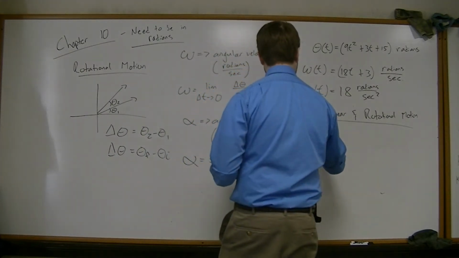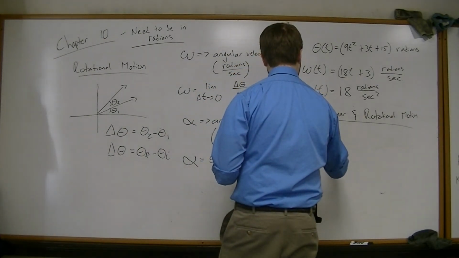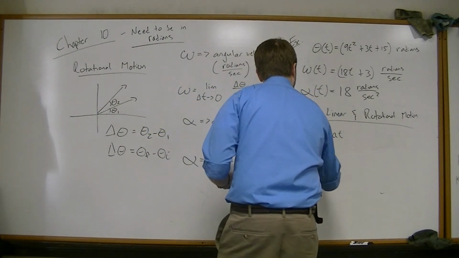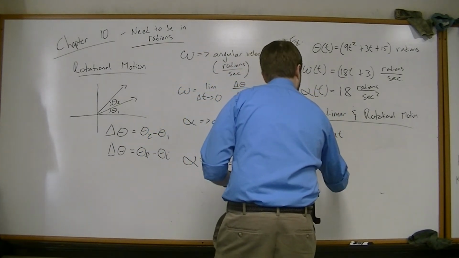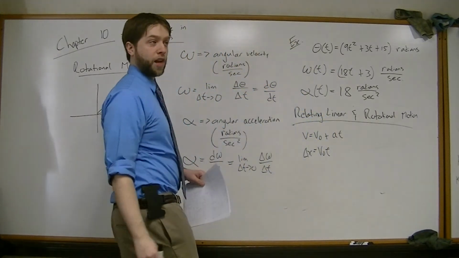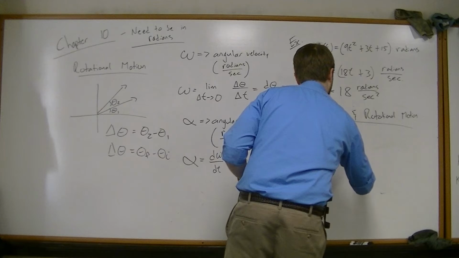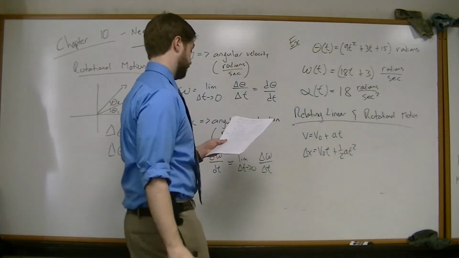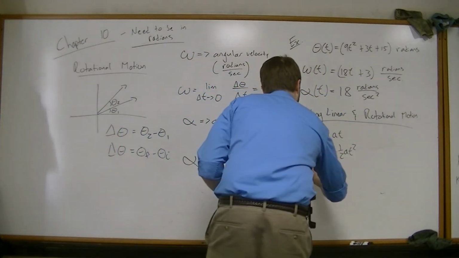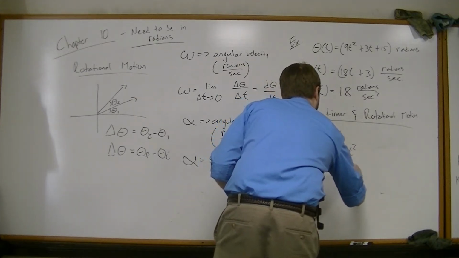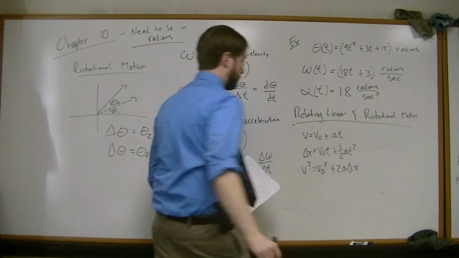We have velocity is equal to initial velocity plus the acceleration times the time. We have delta x is equal to the initial velocity times the time plus 1/2 the acceleration times the time squared. V squared, the final velocity, is equal to the initial velocity squared plus 2a times the displacement.